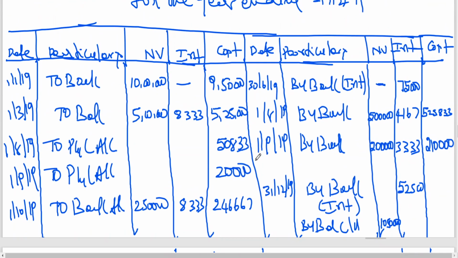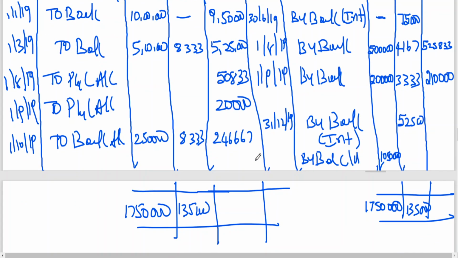One lakh 35,000 minus... 1,18,334 is transferred to P&L account.